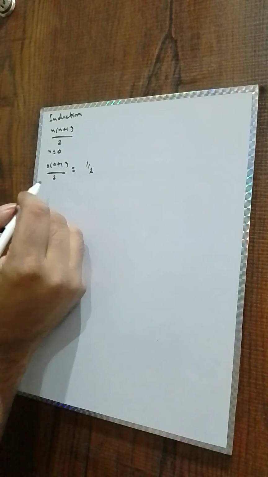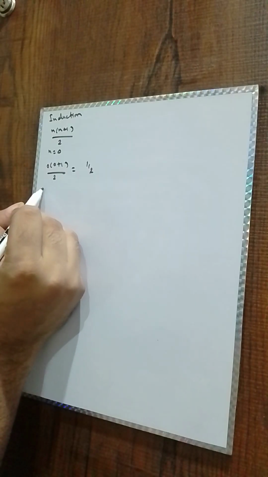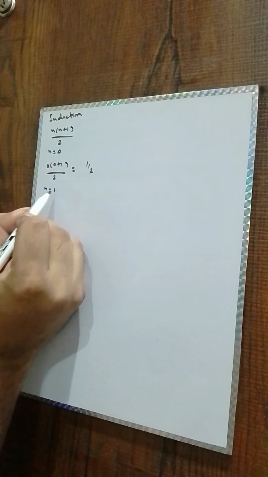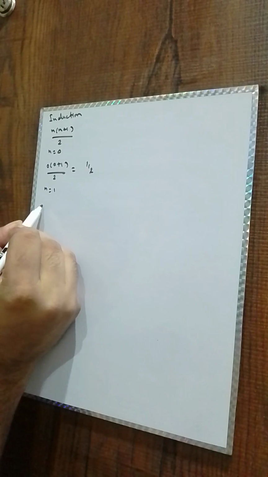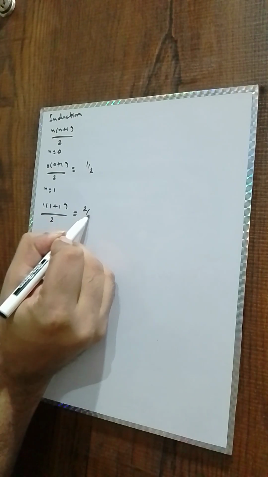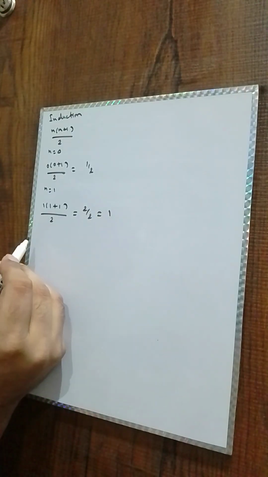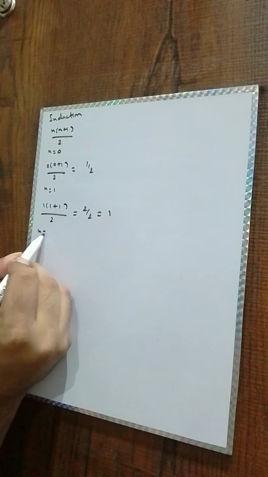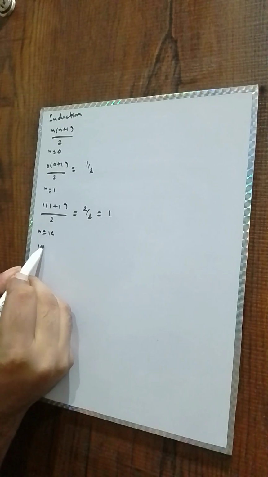So it gives us a valid number to proceed. So we put n is equal to 1. So this becomes 1 into 1 plus 1 by 2, which is basically 2 by 2, which is 1. Yes. And now we put n is equal to k.